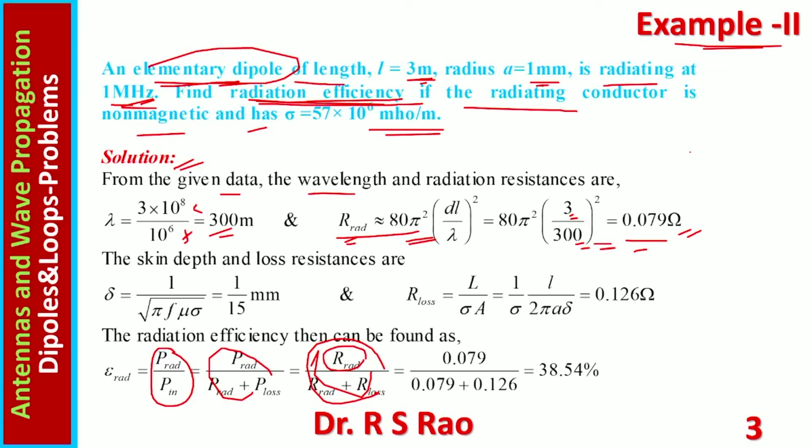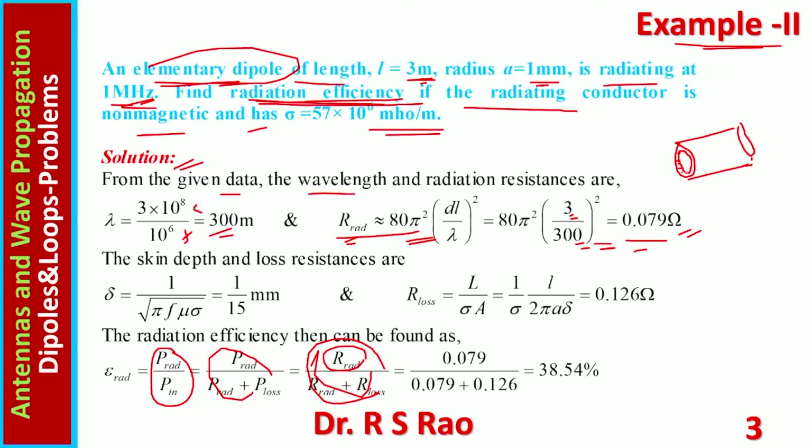What is loss resistance? This is the dipole. As it is working at high frequencies, the currents in the dipole are concentrated near the surface, in a small thin layer near the surface.